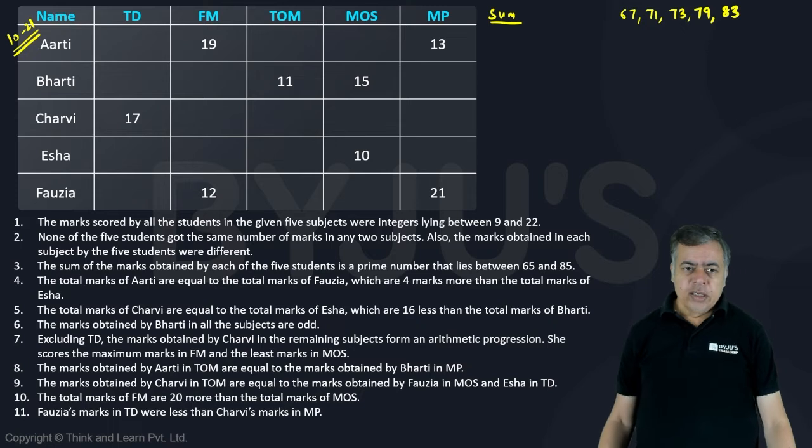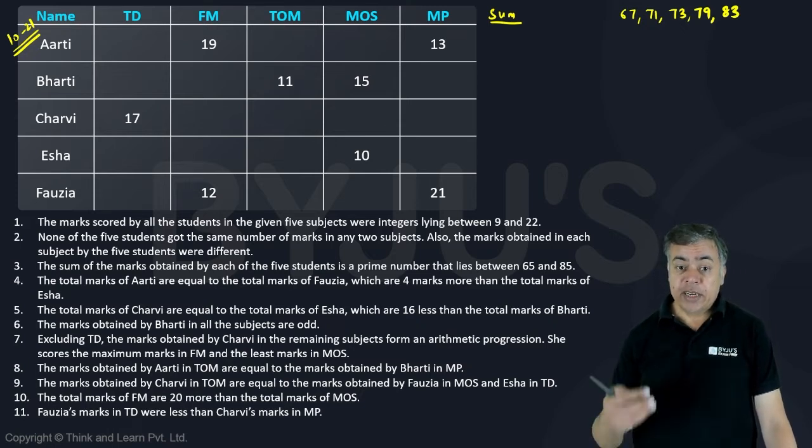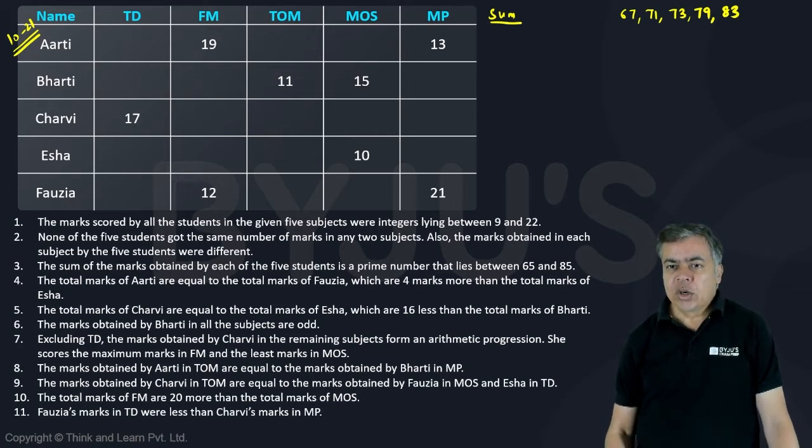The total marks of Aarti are equal to the total marks of Fauzi, which are 4 more than the total marks of Isha. So A and F have the same total, 4 more than Isha. Where is the difference of 4? There are 2 cases where the difference of 4 can be.